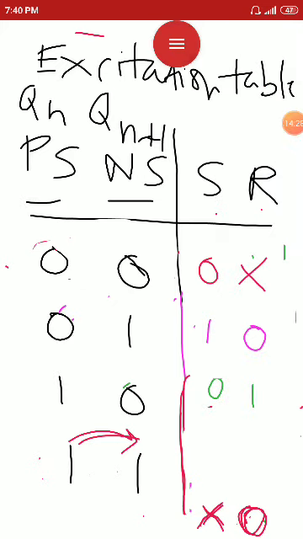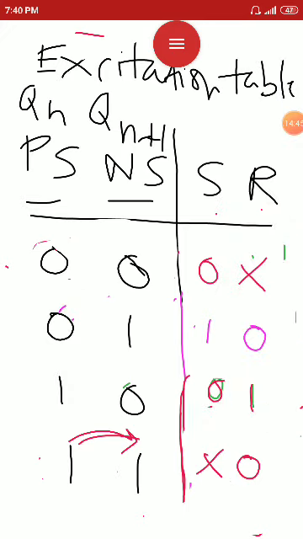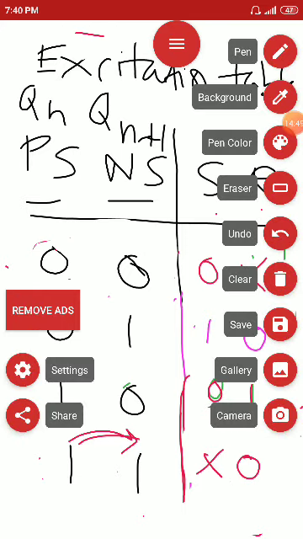Here we already wrote 0 1, and here we have written don't care 0. So this will be the completed excitation table for SR flip flop.